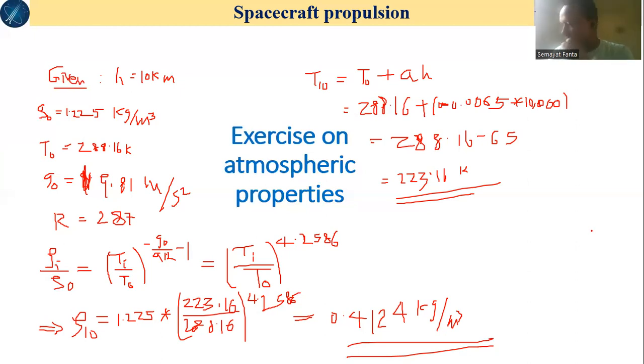Okay, let me add one question also from the points we discussed. What would be the geopotential altitude in kilometer at a geometric altitude of 25 kilometers from sea level?